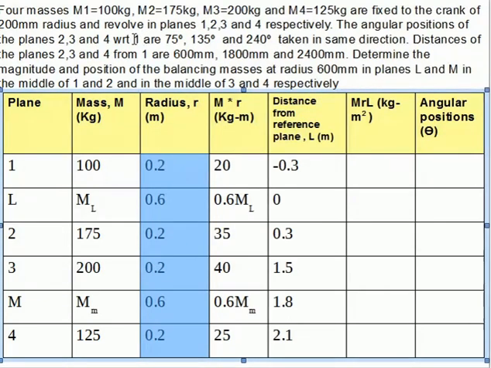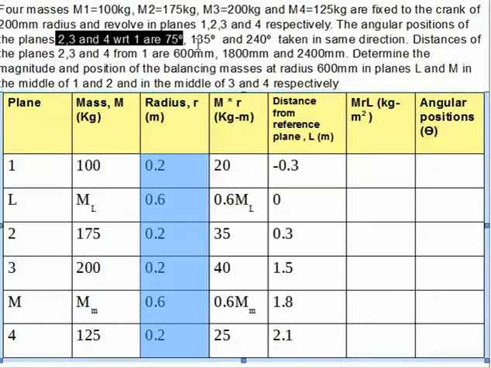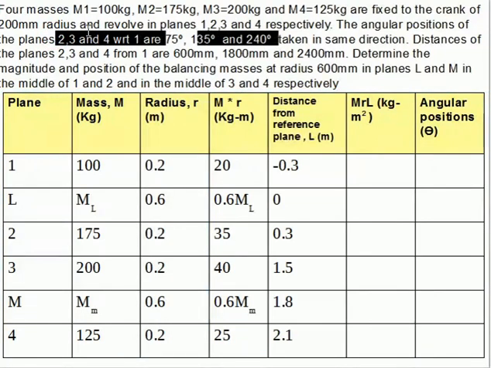So here, if you consider the inclination between different masses, the inclination of 2, 3 and 4 with respect to 1 is given. That means 1 I can take as the reference plane.